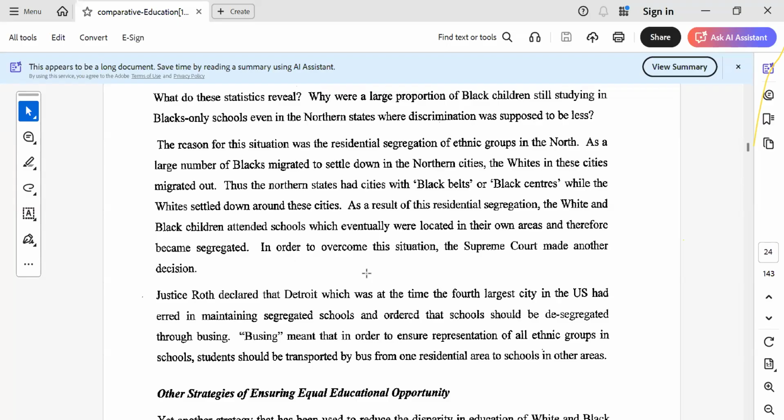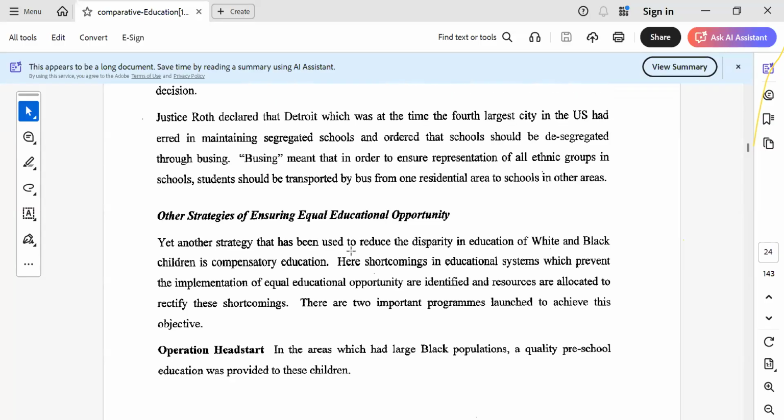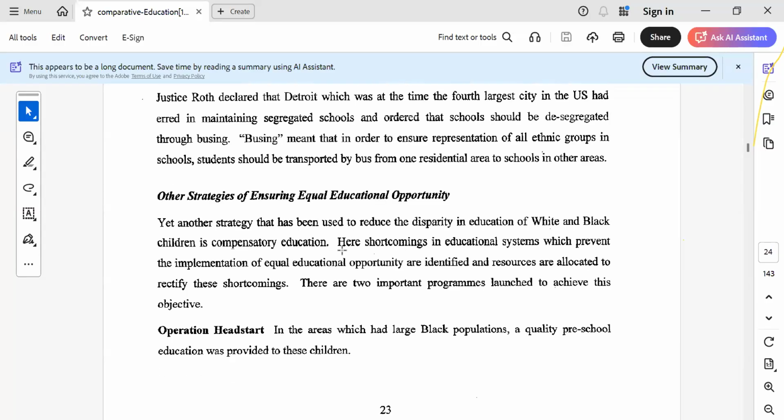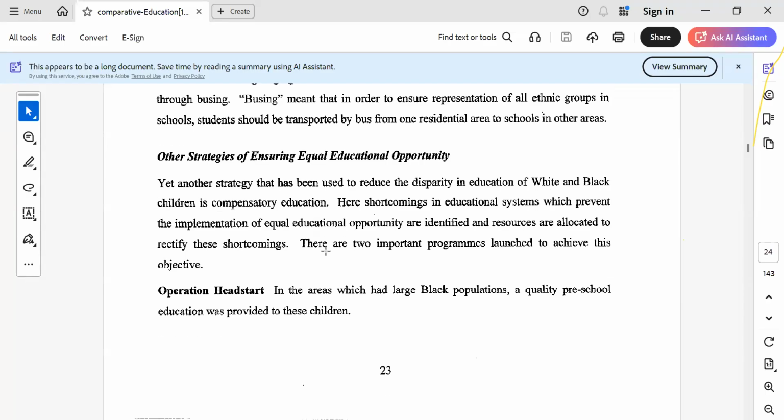Now again the government enforced another decision: according to the percentage of people, the schools have to have that student population. So step by step, they are taking steps to reduce the segregation and other strategies of ensuring equal educational opportunity. So they are trying a lot.